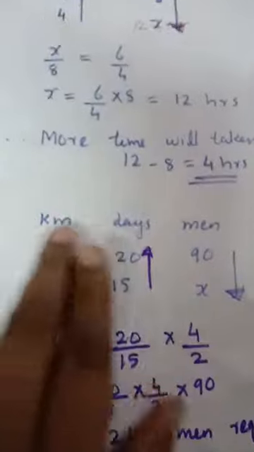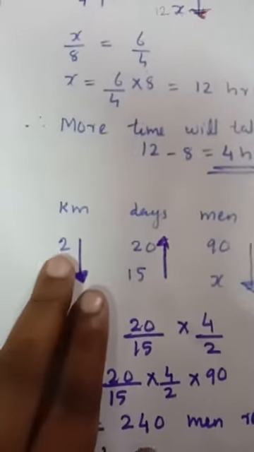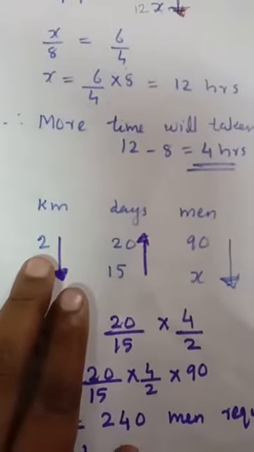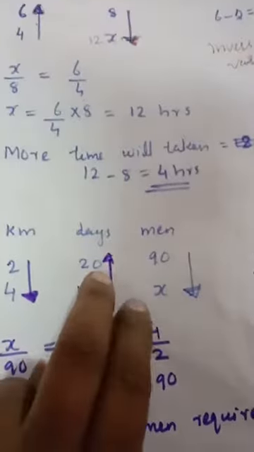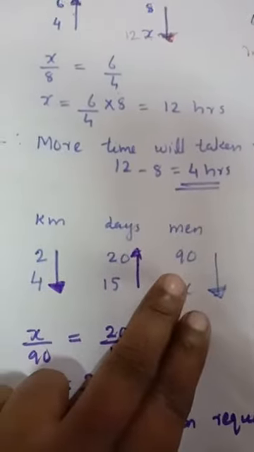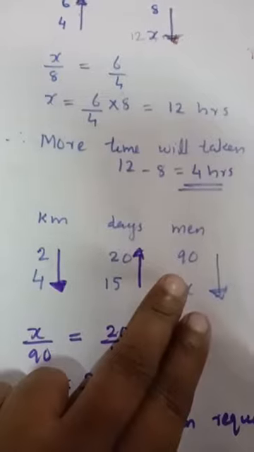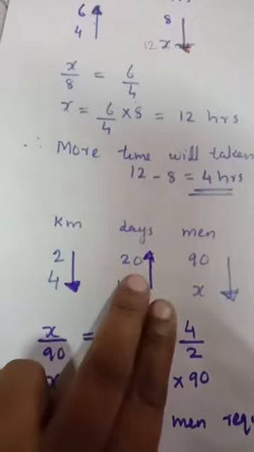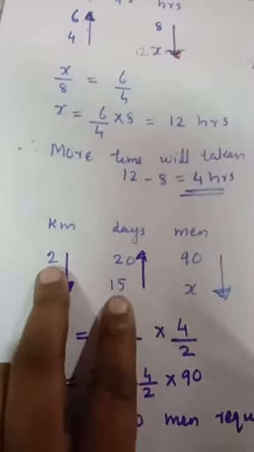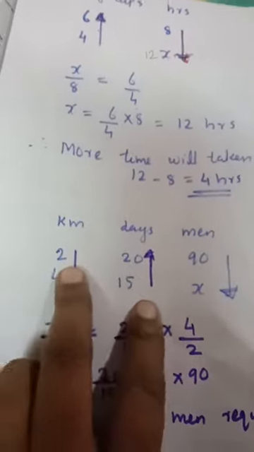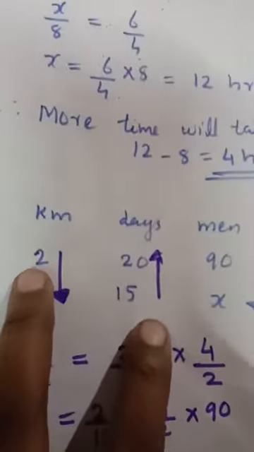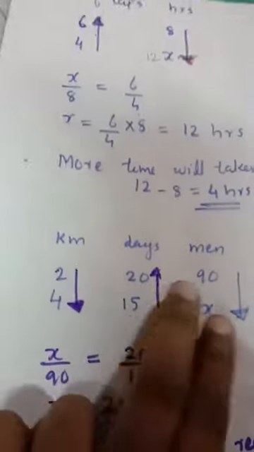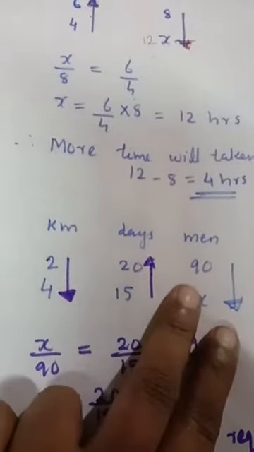So how to write this one? Fourth question: kilometer, days, men. Only 2 kilometers they finished within 20 days, and 90 men are working. So write 2 kilometers. Don't write 6 kilometers, 35 days, 90 men like that.